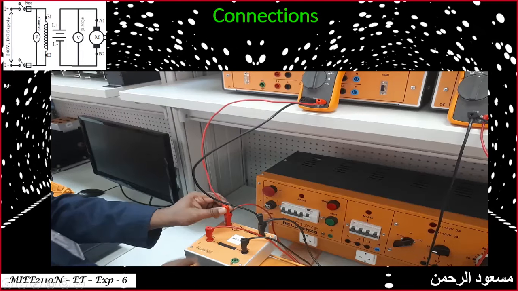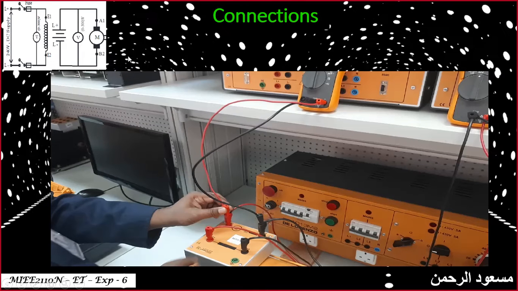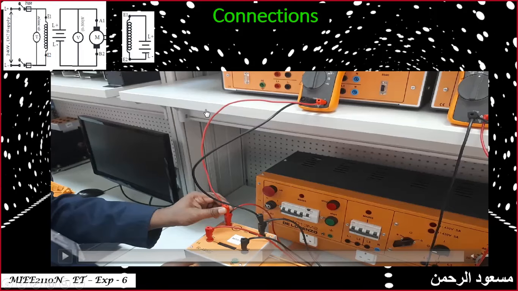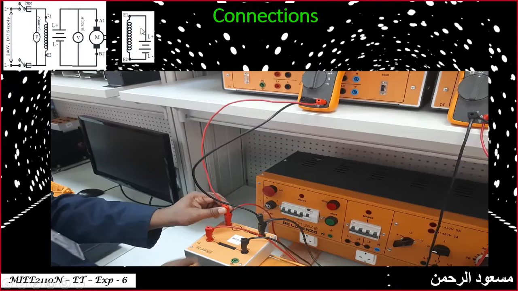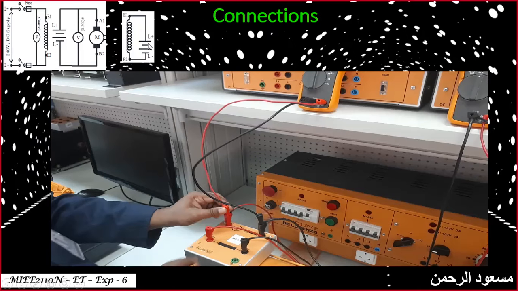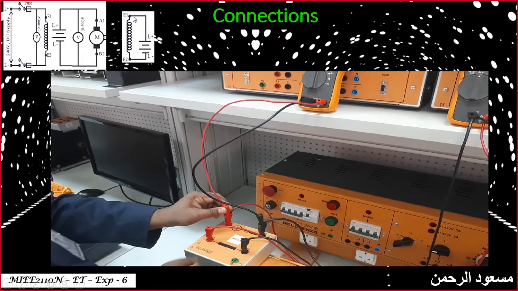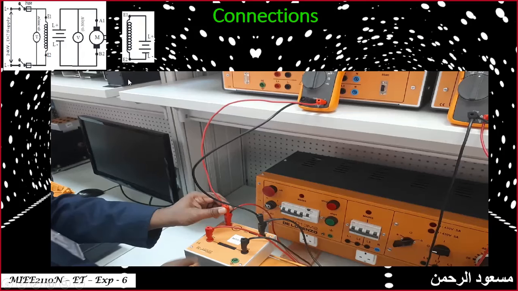Now we will go into the next section, that is giving the connection for field winding of the generator. It is a very simple circuit, it is not having any meters at all. So just from the third electrical supply, you have to give the plus of the supply to E1, minus of the supply to E2.